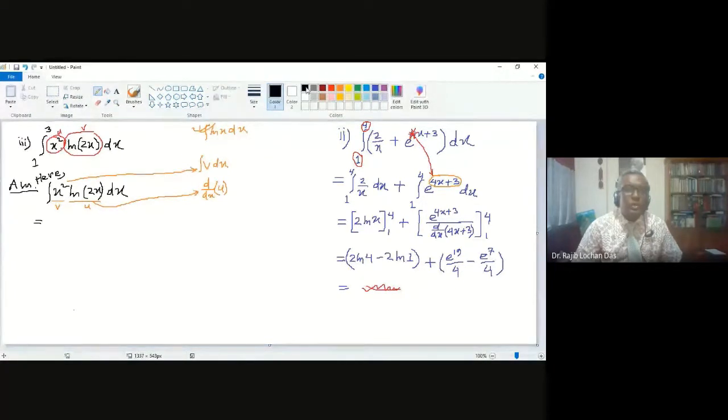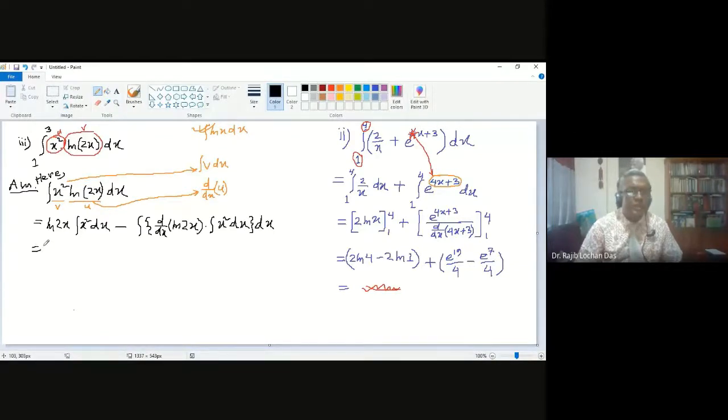Now you continue with the next line. You write ln 2x and then integration V dx. That means x square dx, and then minus, then integration, then use a second bracket, then ddx of U. So it is ln 2x in this case, and then integration V dx. So it is integration x square dx, and then you close the second bracket, then dx, then move to the next line.